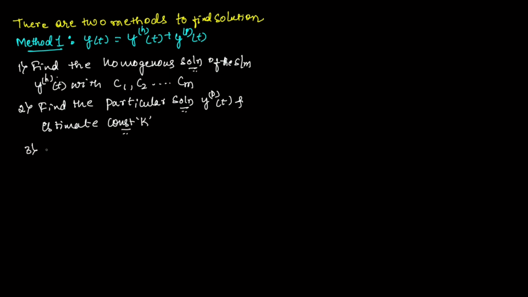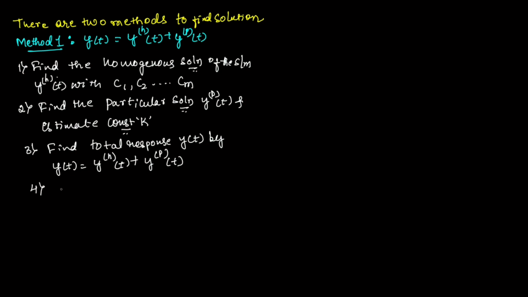The third step is to find the total response y of t using y of t is equal to yh of t plus yp of t. Then the fourth step is to find the constants c1, c2 and so on up to cm using initial output conditions. So this is the first method.